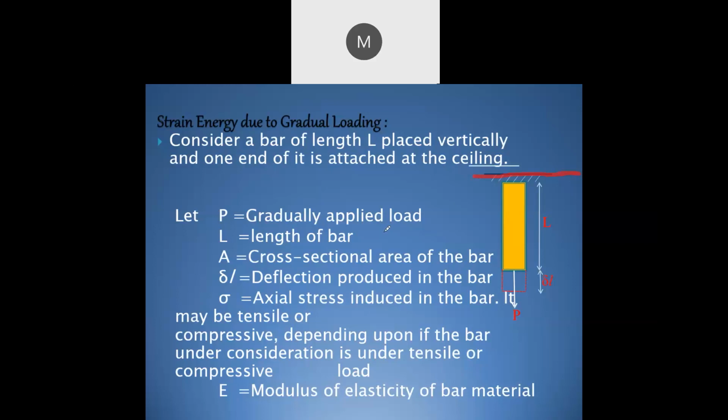Let P be the gradually applied load. L is the length of the bar. A is the cross sectional area. This is delta L, the deflection that is produced.